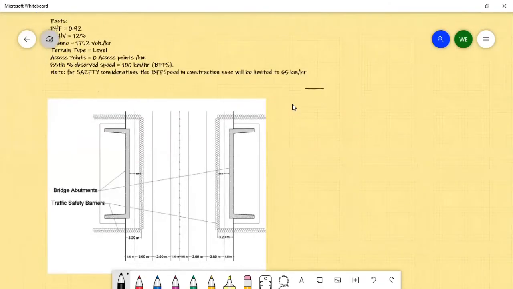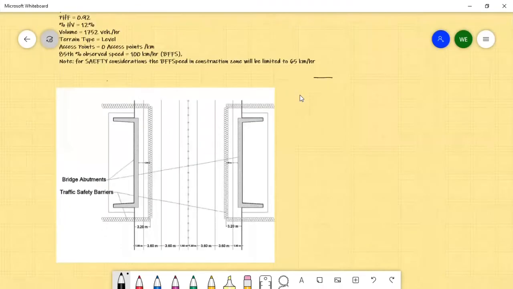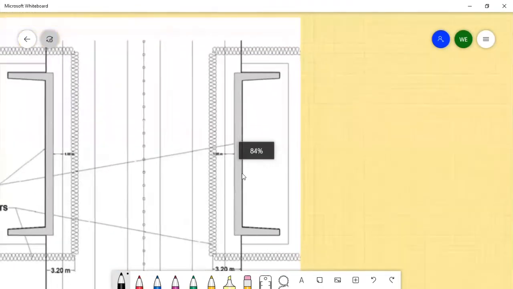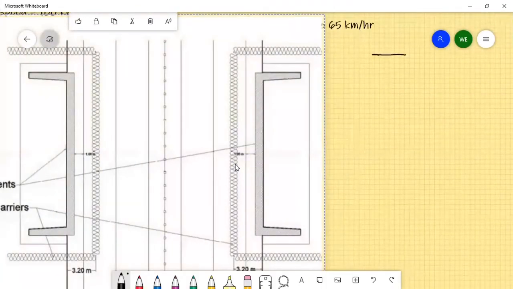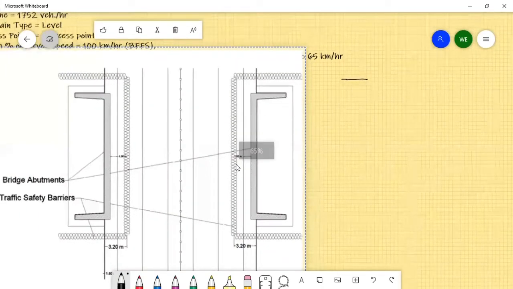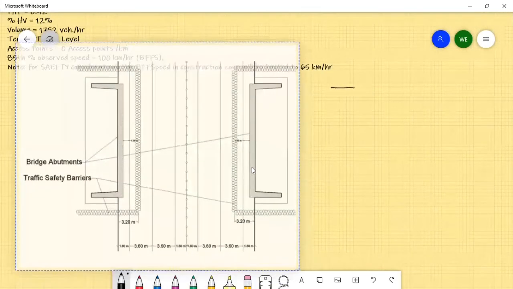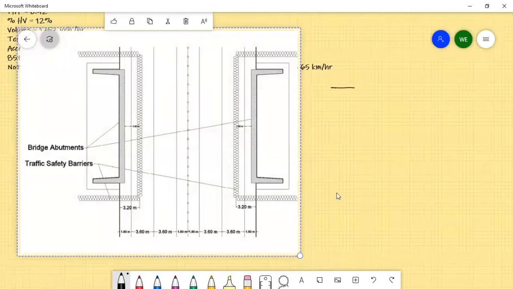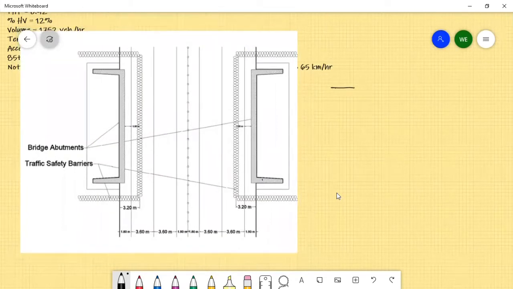That's the site. We have a 1.8 meter shoulder, we have 3.6, we have 2 lanes in each direction, and there is a median. And these are the abutments that we need to build.